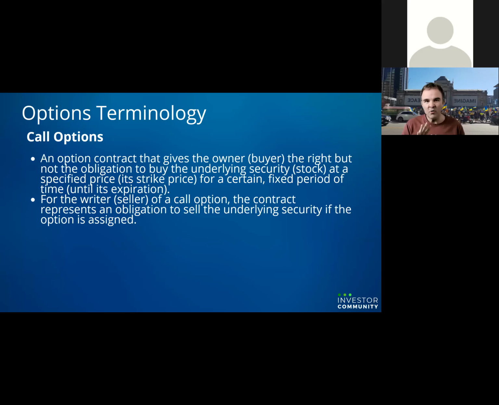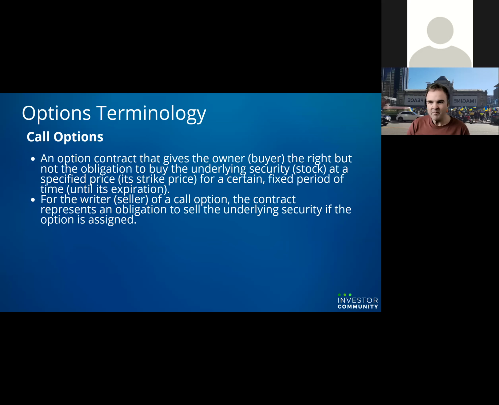For the writer, who is the seller of the call, the contract represents an obligation. They must sell the underlying security if the option is assigned. That's meaning if the buyer, the person who owns or bought that contract, exercised their rights to force the seller to sell them that stock.